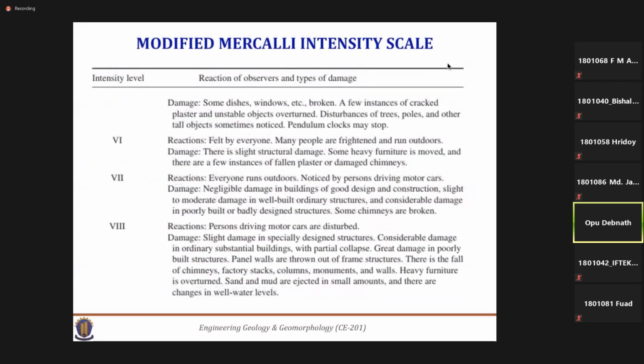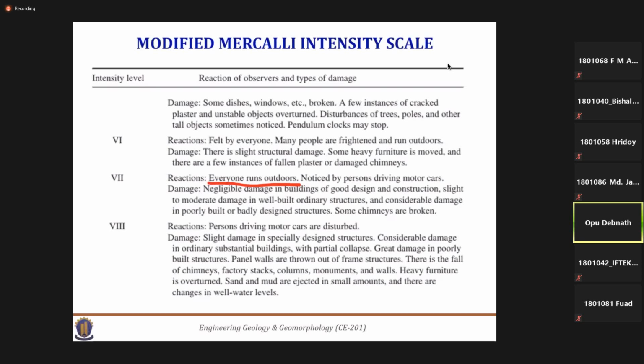Intensity level 6, and thereafter intensity level 7. In this kind of reaction, everyone runs outdoors. That means the earthquake is felt by everyone, and people try to move outdoors. This is termed intensity level 7.